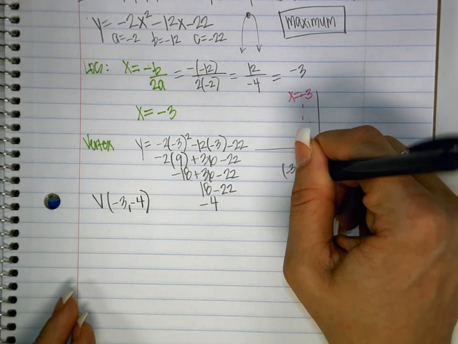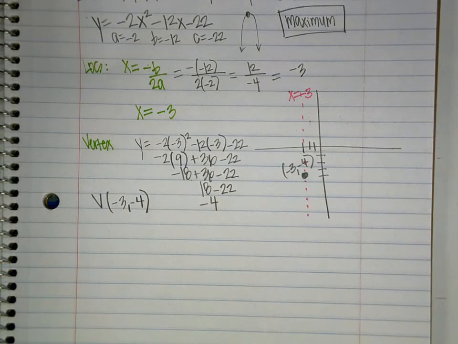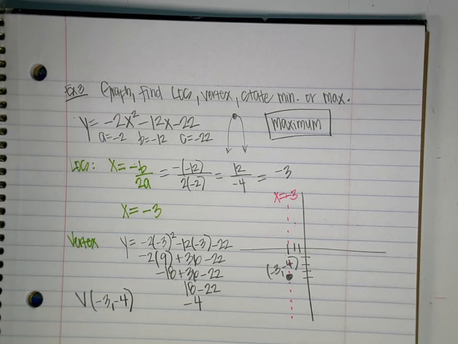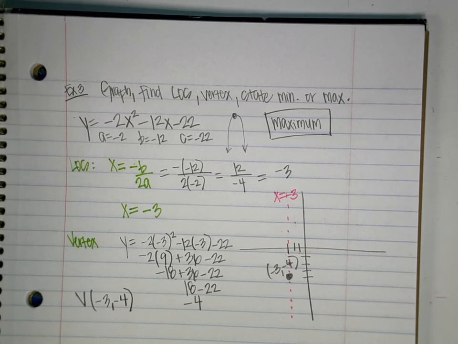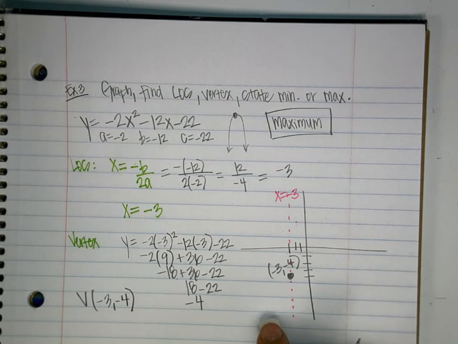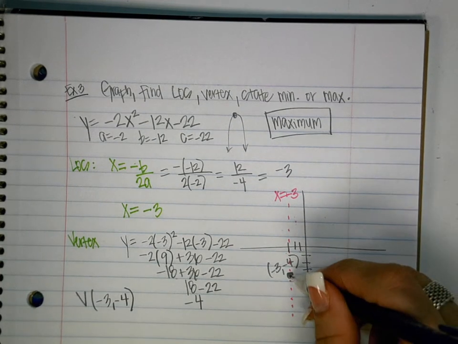Label it, please. Now, the next thing I can find would be what? Or do I need to find anything else here? My question only asked for line of symmetry, vertex, state minimum or maximum, and I do want you to graph. So if you were going to graph this, would it be facing up or down? Down. Okay, so you just roughly go down.